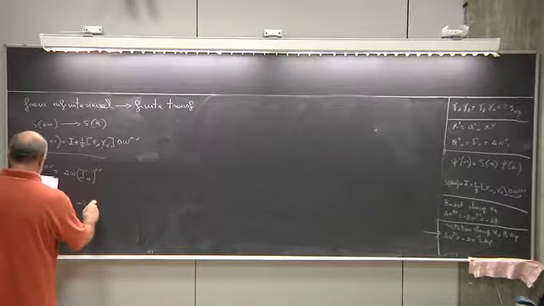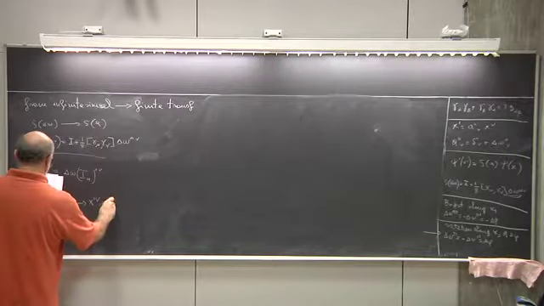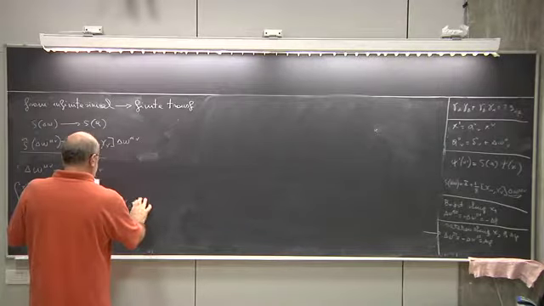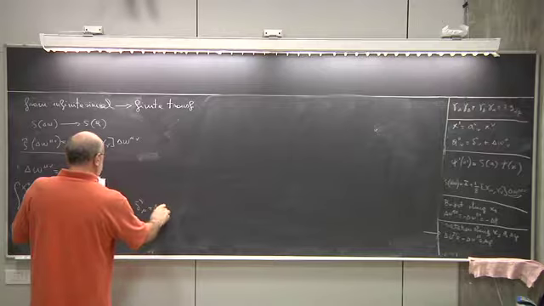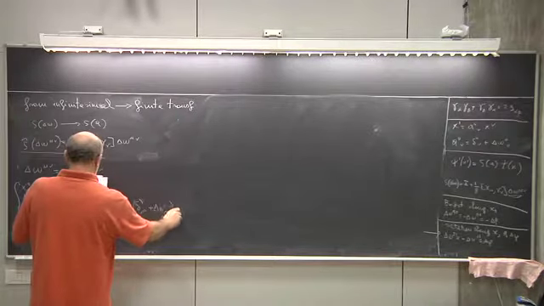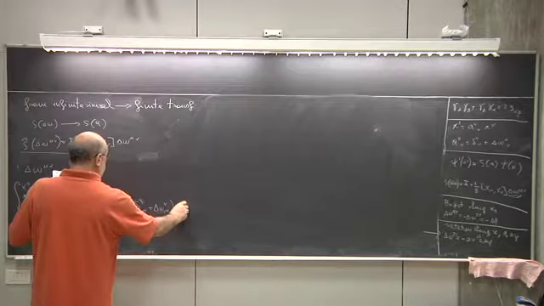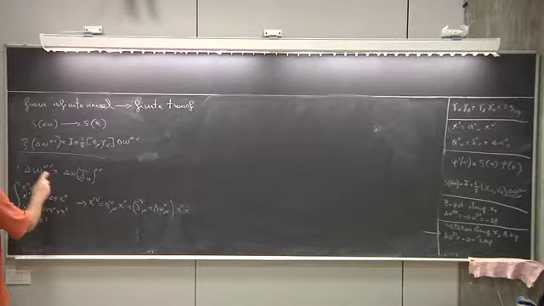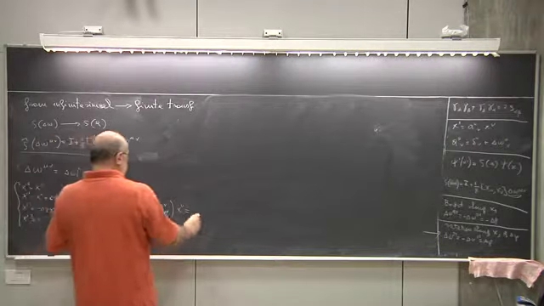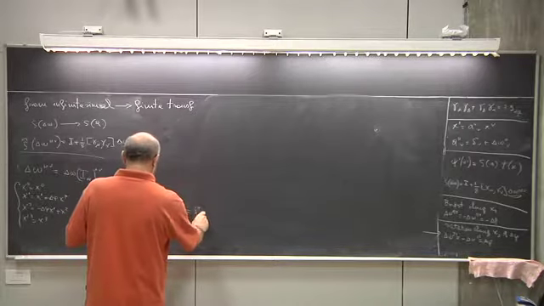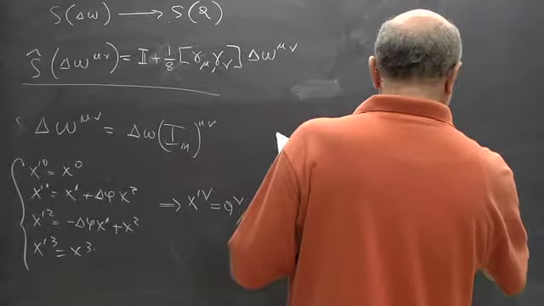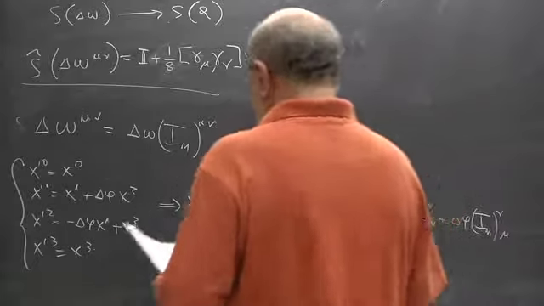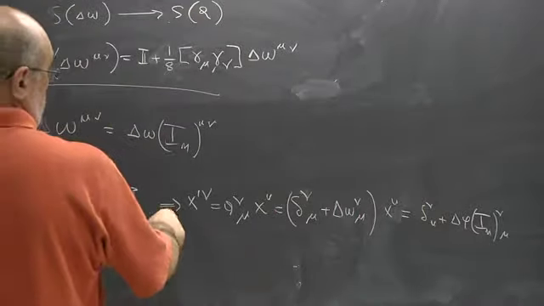Now this is nothing else than x prime mu equals a mu nu x nu, but this is the same as delta mu nu plus delta omega mu nu acting on x nu. Now if you look at this object, you can write it as delta mu nu plus or minus delta phi times I N mu nu.